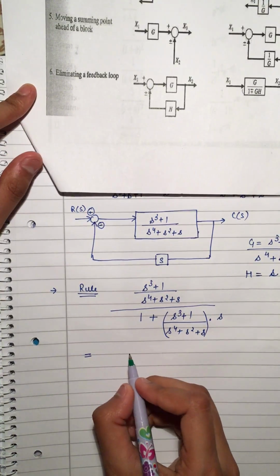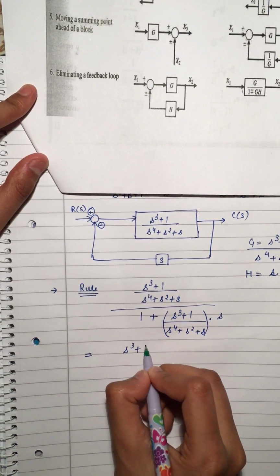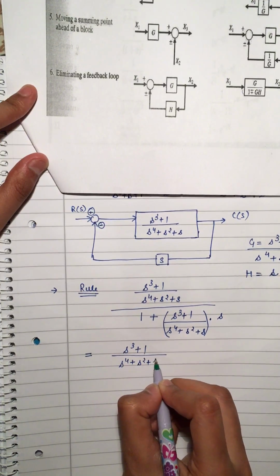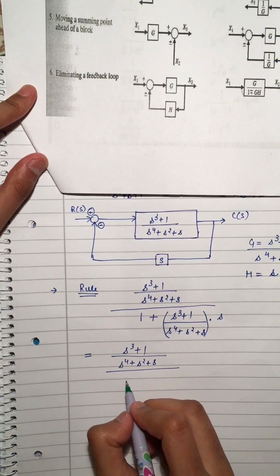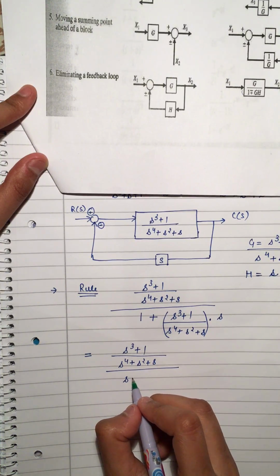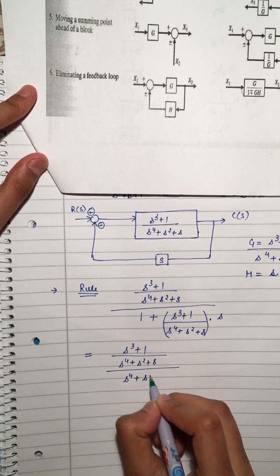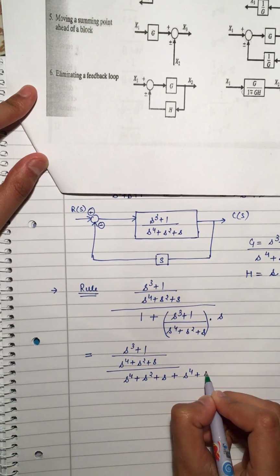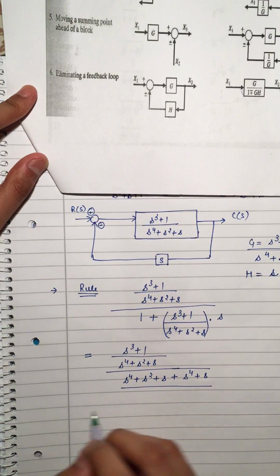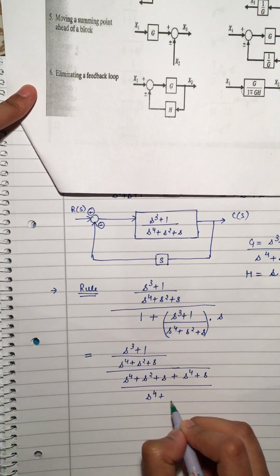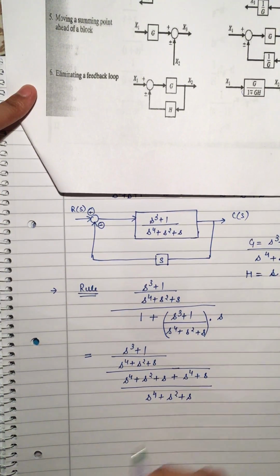So it will be s cube plus 1 over s to the power 4 plus s square plus s, divided by s to the power 4 plus s square plus s to the power 4 plus s, over s to the power 4 plus s square plus s.